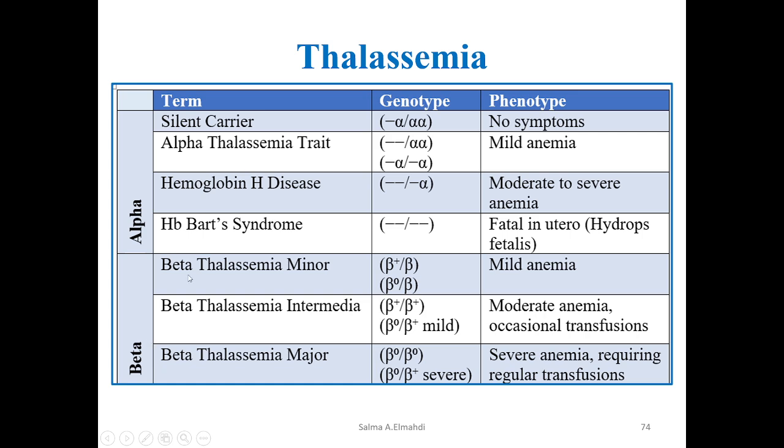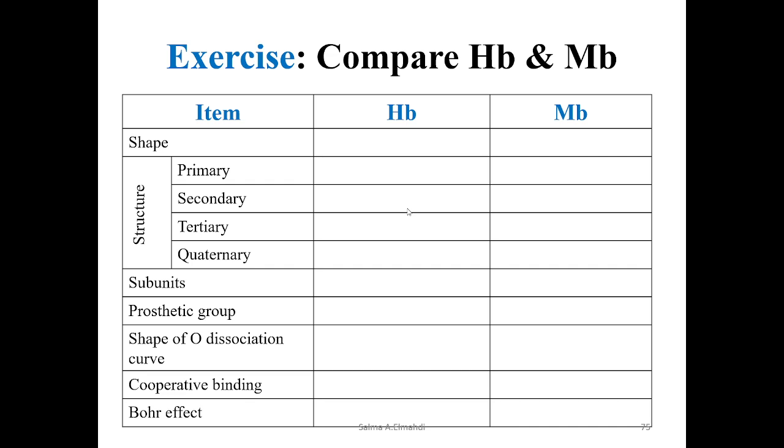Beta thalassemia, there is beta thalassemia minor, beta thalassemia intermediate, and beta thalassemia major, ranging in phenotype from mild anemia up to severe anemia, which requires regular transfusion.